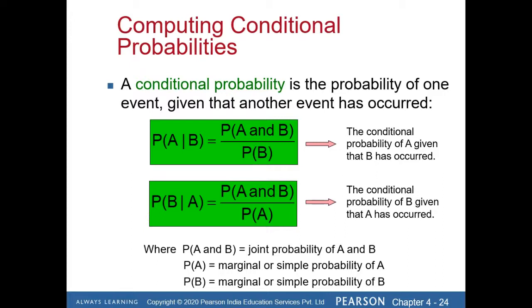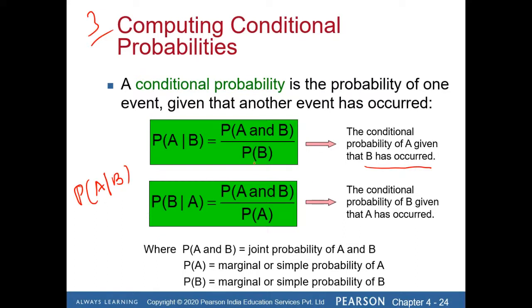The third important journey of probability is computing the conditional probability. This is the third journey of this chapter. Fourth is Bayes' theorem. Conditional probability is the probability of one event given that another event has occurred. It is written as P(A|B), the conditional probability of A given that B has occurred.